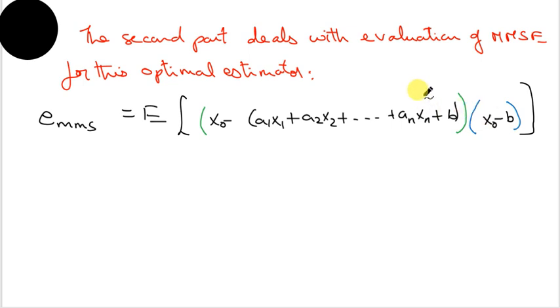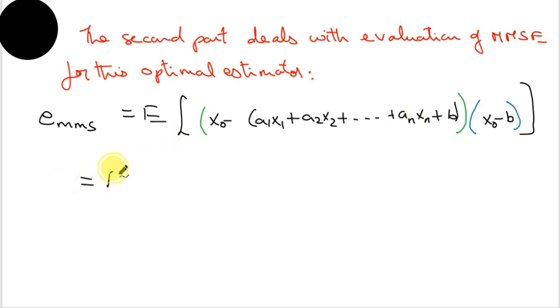Let us now evaluate this. How am I going to rewrite this? I am going to rewrite this x naught minus b from the first case.